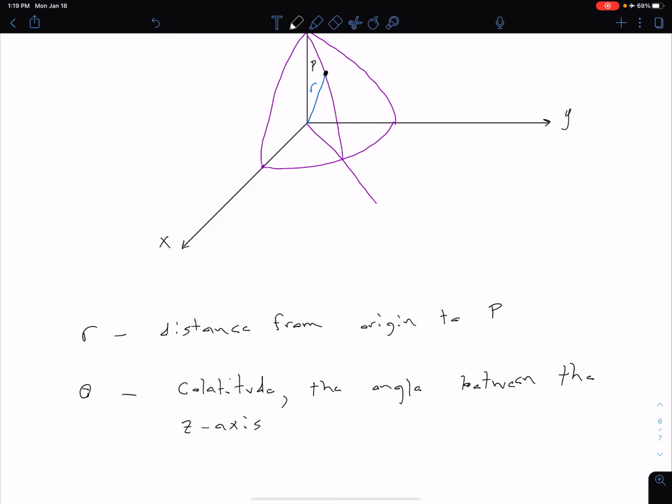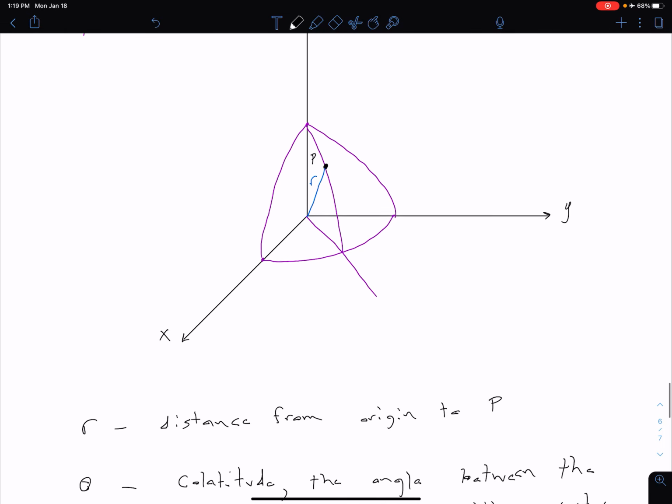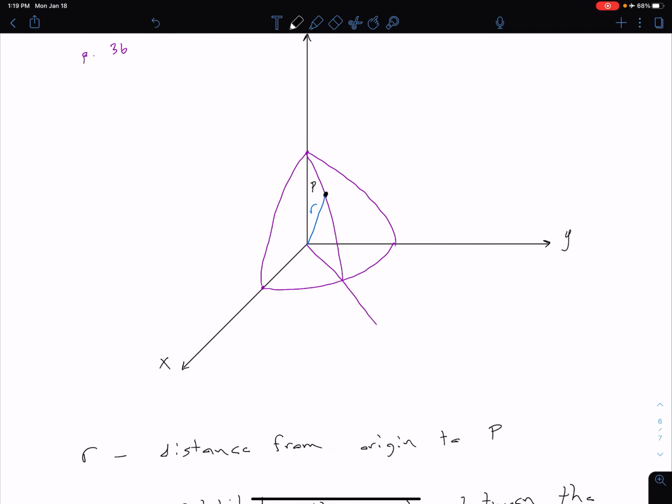So the angle between the z-axis and the position vector of our point, in this case our point P. Remember, our position vector was basically just a distance vector between the origin and the point. This blue line represents our position vector, so I could write an arrow here, and that would be our position vector.